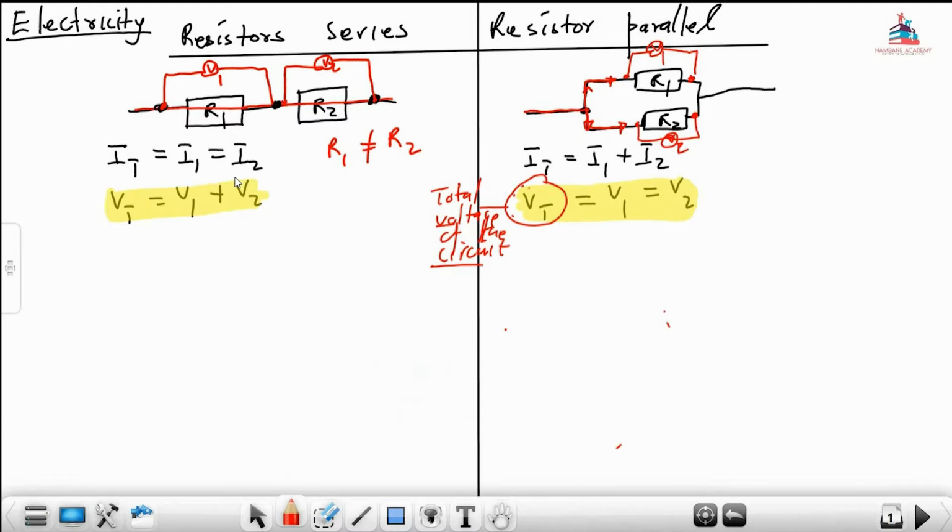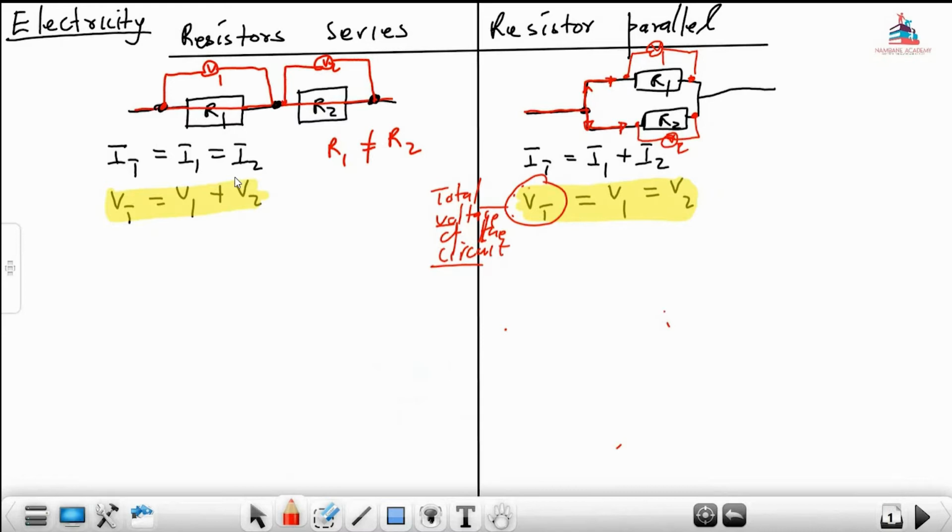Now, one must ask, why necessarily focus on current and voltage for us to understand this? Because the key rule is we are intending to go and apply a specific rule.